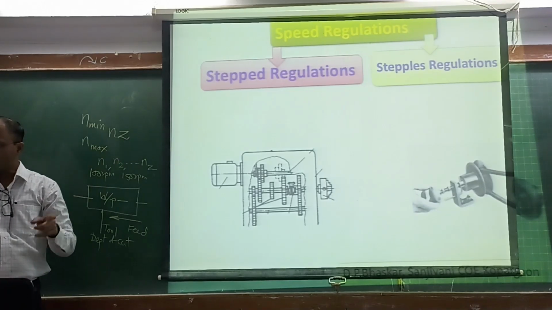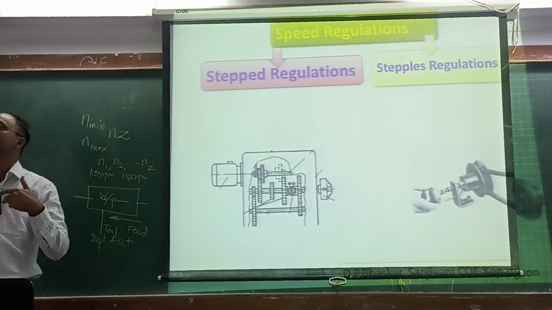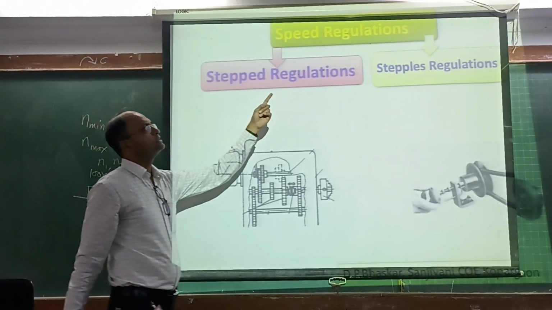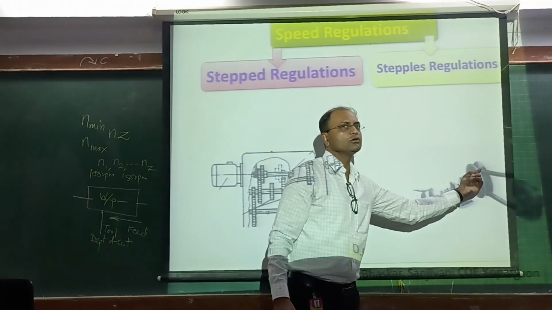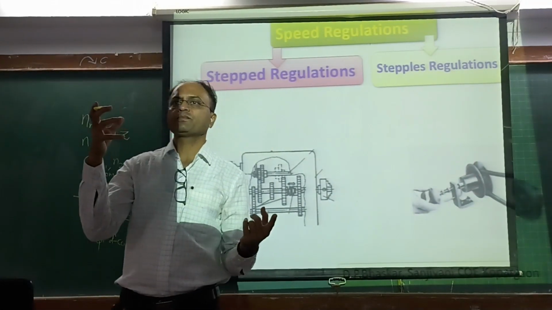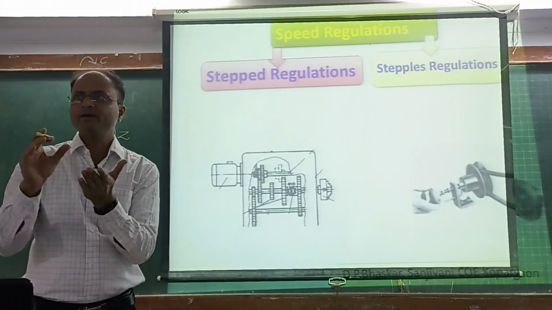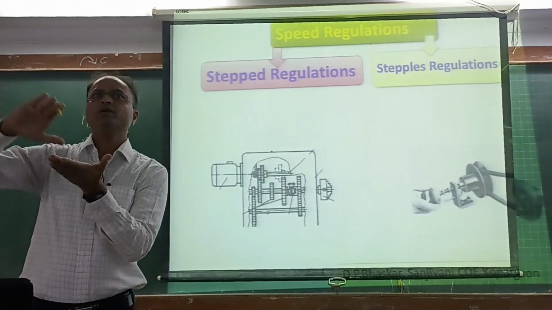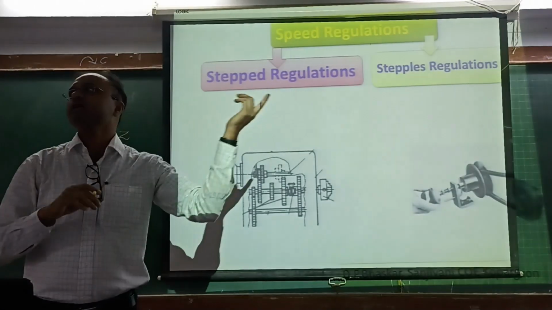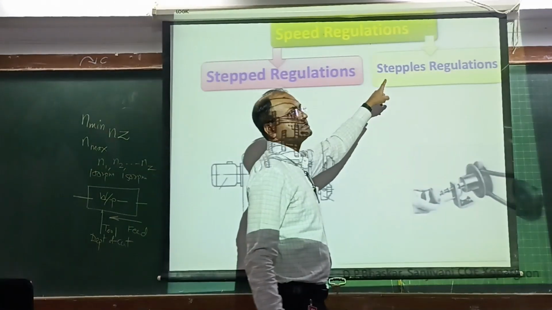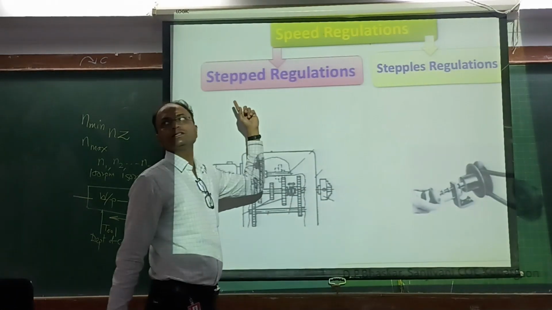There is no step. That regulation is called stepless regulation, which can be achieved by using variable diameter pulleys, that is, increasing or decreasing diameter pulleys. And how to get step regulation?